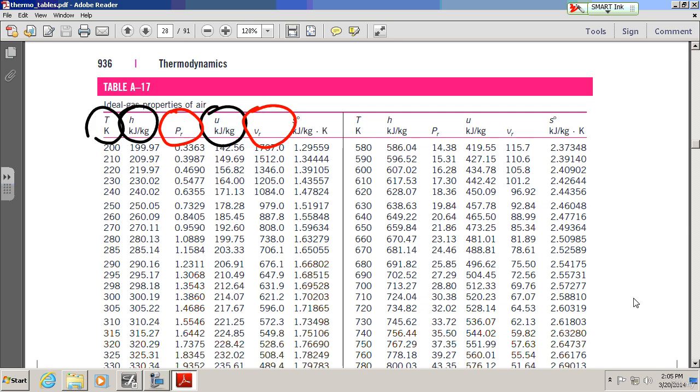Whenever you see a problem dealing with a gas, air, helium, whatever, mostly air, just reflex and write the ideal gas equation. And if it isn't a gas, like steam or liquid water, reflex and say, this is not the ideal gas equation, because you have tables. We don't want to use it on liquid water or even steam.